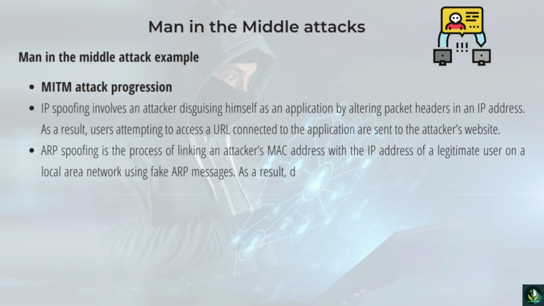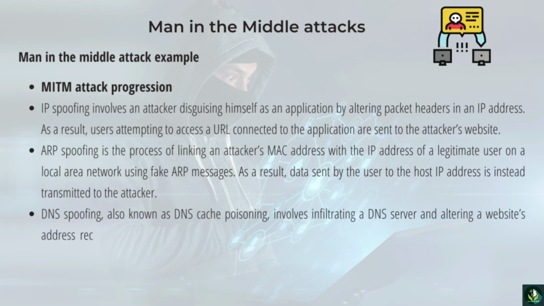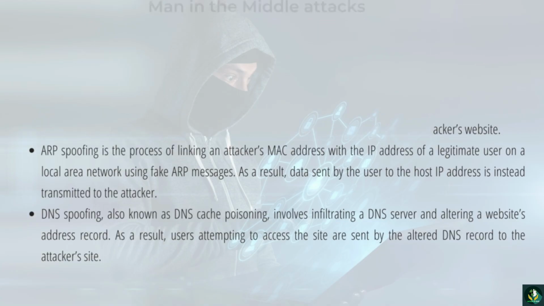As a result, data sent by the user to the host IP address is instead transmitted to the attacker. DNS spoofing, also known as DNS cache poisoning, involves infiltrating a DNS server and altering a website's address record. As a result, users attempting to access the site are sent by the altered DNS record to the attacker's site.